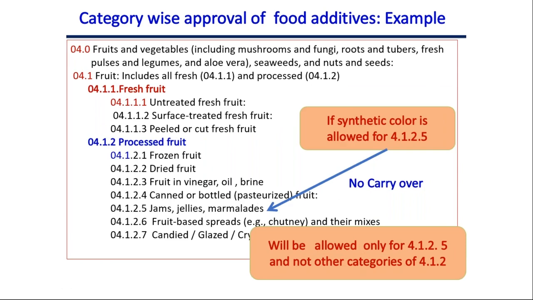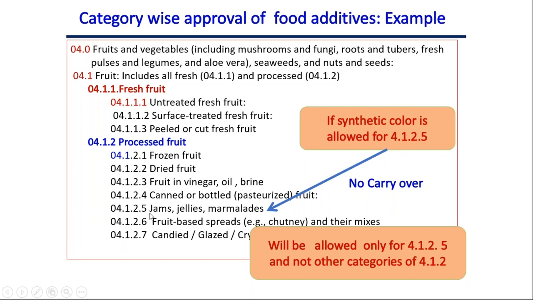Let's look at another example. If we look at the same fresh fruits and vegetables category, I'm looking for whether a synthetic color is allowed. I find that the synthetic color is allowed for 4.1.2.5, but I want to use it in fruit-based spreads. I cannot use it because it is allowed only in 5.1.2.5.